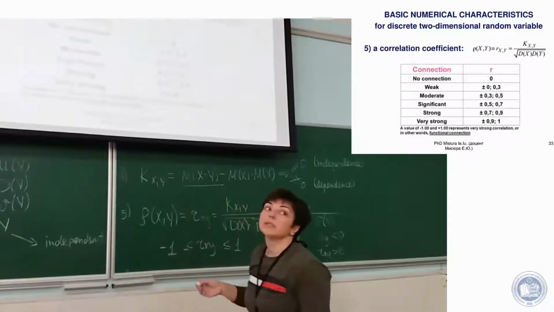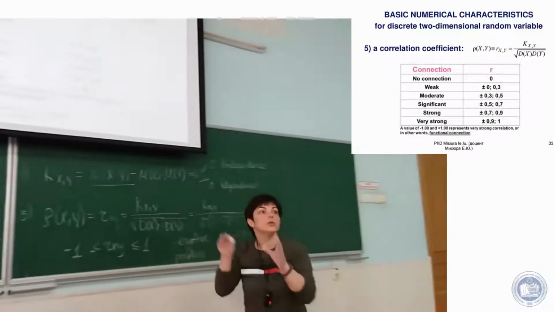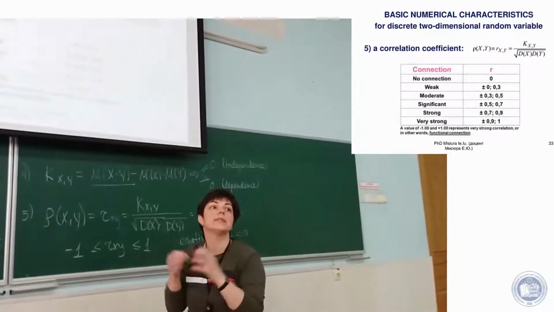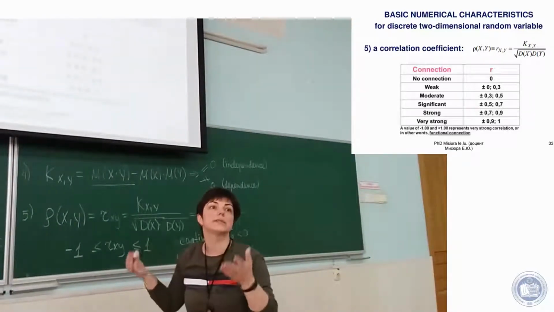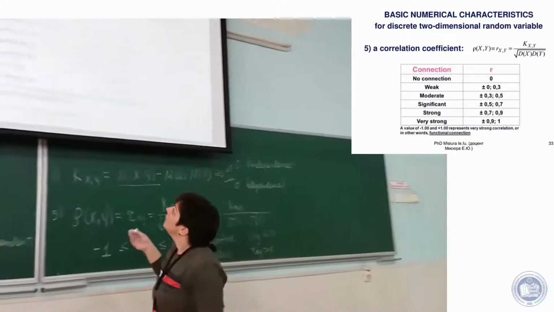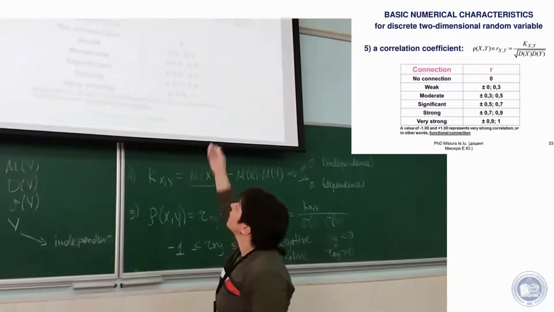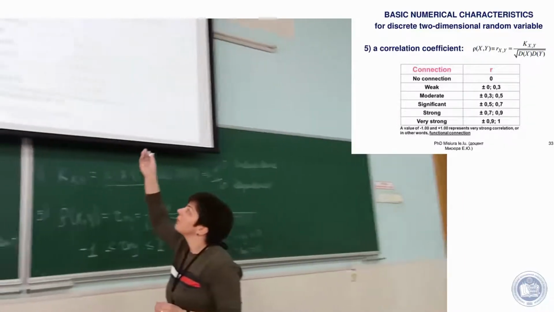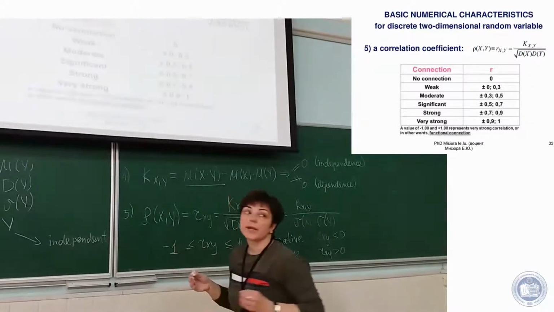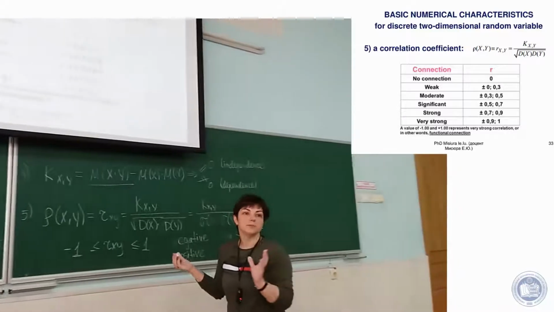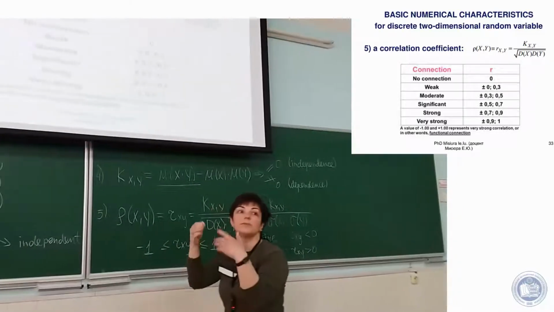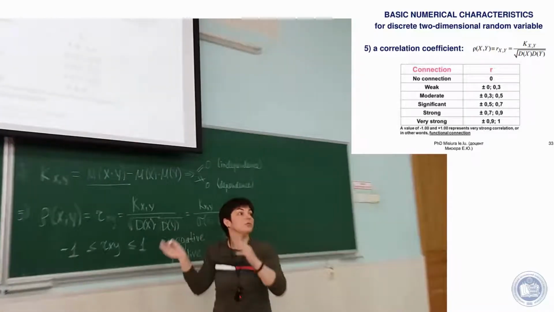If you have values from 0 to 0.3, it means we have weak correlation. Weak means weak. If you have limits 0.3, 0.5, it means we have moderate. If you have 0.5, 0.7, plus or minus means positive or negative.